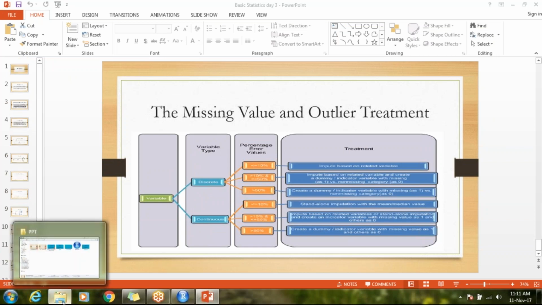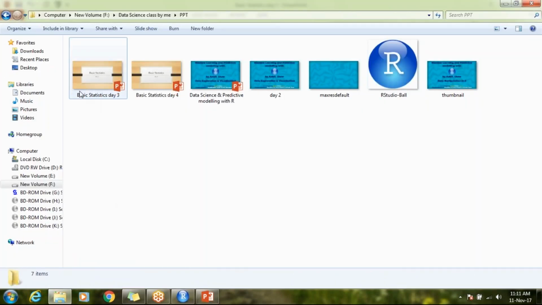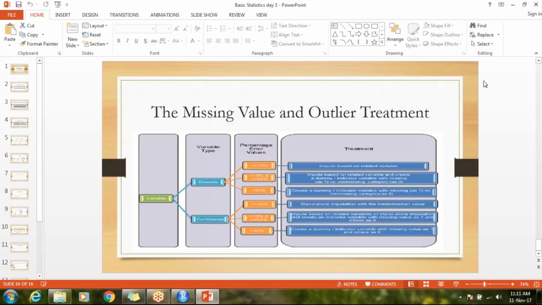Also, a few days back, I was working on one of the data sets, on the Titanic. The Titanic dataset is available on Kaggle, so I can recommend you go through it and understand how this dataset works.